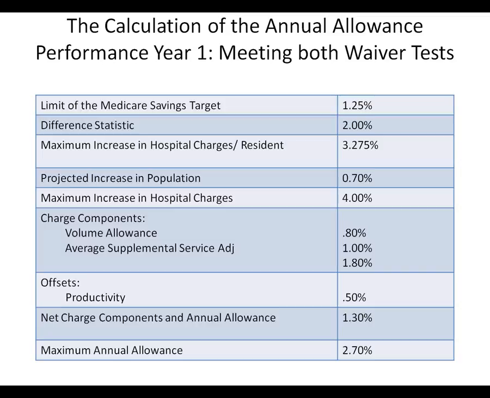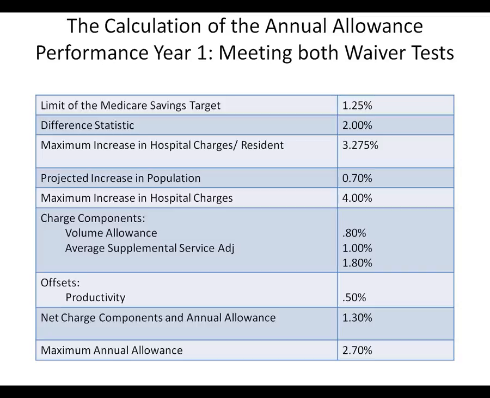So 1.8% of the 4% are accounted for by those two charge components, the volume allowance and the supplemental service adjustment. 0.5% is built back in to the adjustment because I'm assuming that the productivity requirements will offset charges.